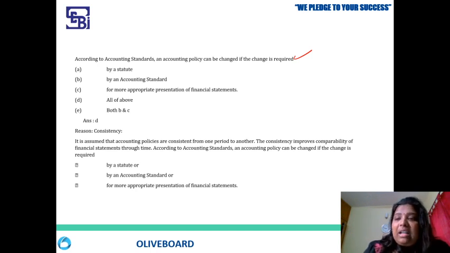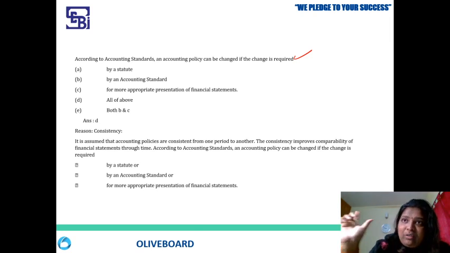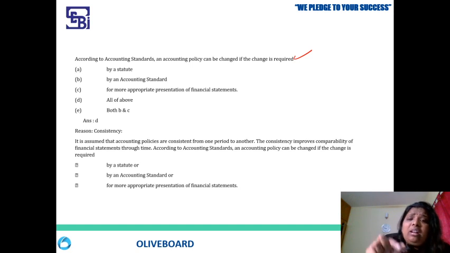Because of that, last year's inventory in the last year balance sheet would have been this much, but because of weighted average, my inventory has gone up to so much, or gone down to so much. So you have to give those impacts. You're getting it? That kind of disclosure should be made in your financial statement when there is a change in the accounting policy.